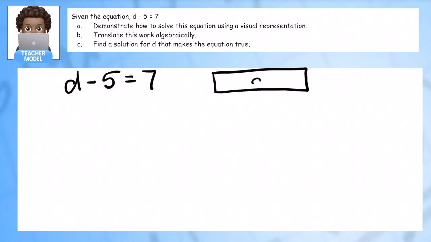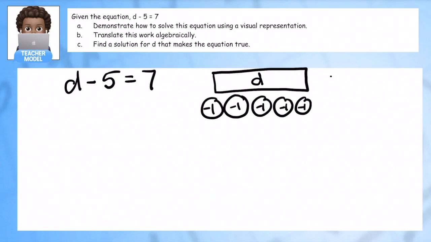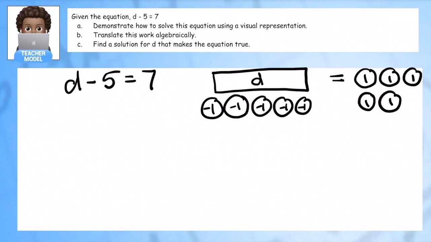I have no idea what that number is. I'm going to use my counters. So that's what we have on one side of the equation. On the other side, I have 7 positive numbers. Think of these like the two-color counters in your classroom. I'm going to make the positives yellow just so we can see them.